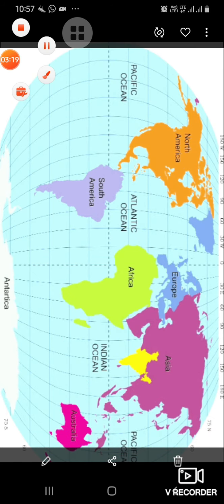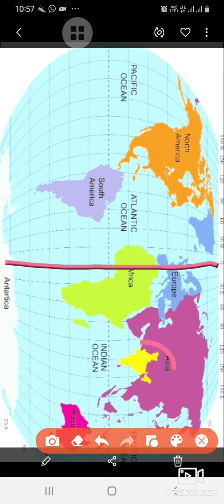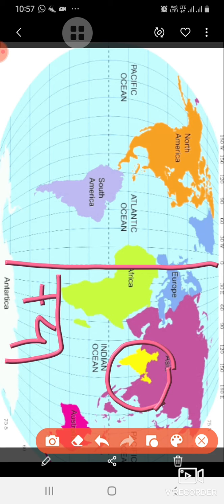Okay, let us see IST with respect to this Greenwich Mean Time. This Greenwich Mean Time is at the center, and let us assume India IST. Now this is 0 degree, and as I told you, these longitudinal lines are representing 4 minutes. So Indian time will be, because it is towards east, plus 4.